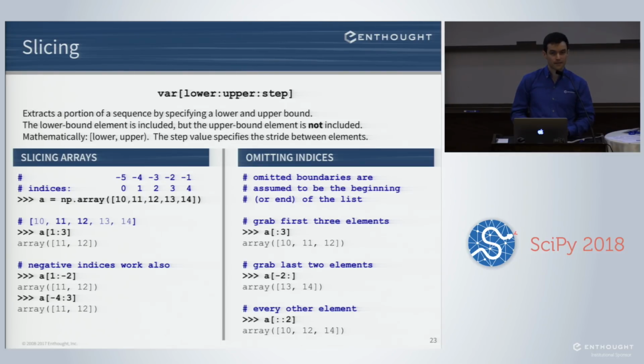Then on the right-hand side of this slide, we talk about what happens if we omit some of these indices. I know that some of you will say, okay, if I start from the beginning, I'm always going to put the number 0 because that's how it works in my language. That will work fine, but when using Python and NumPy, it is very, very common to omit the indices if they're redundant.